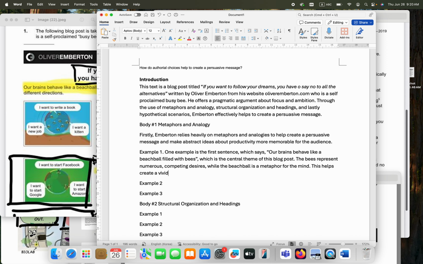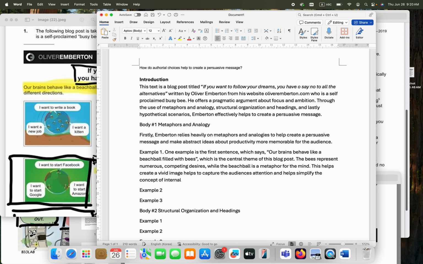So you can always write that. This image helps to capture the audience's attention and helps simplify the concept of complex internal conflict. Simplify the concept. Right, so that's all you need.